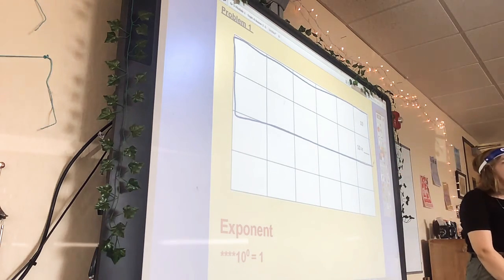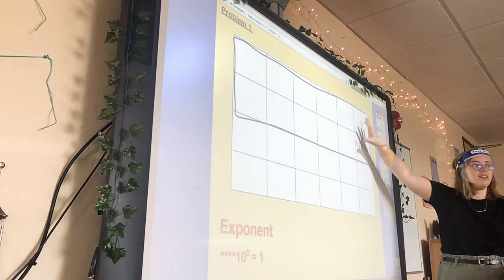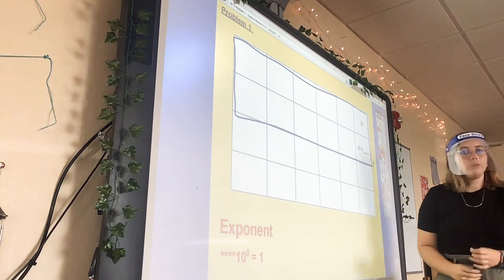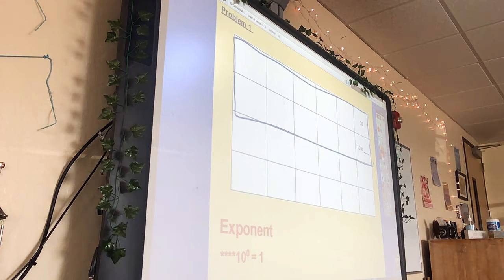So 2 rows of 6 boxes. What's 2 times 6? 12. So you should have 12 little boxes. Okay, so make sure you're okay. Keep space at the bottom though. You may have to add those other 2 later. I don't remember what they're for, so it might come up later.